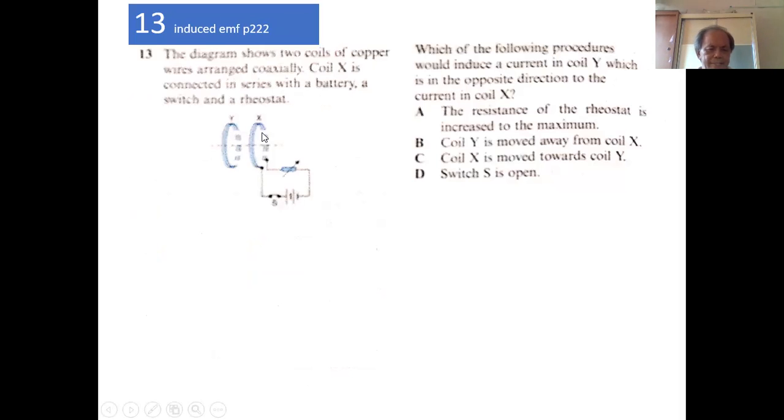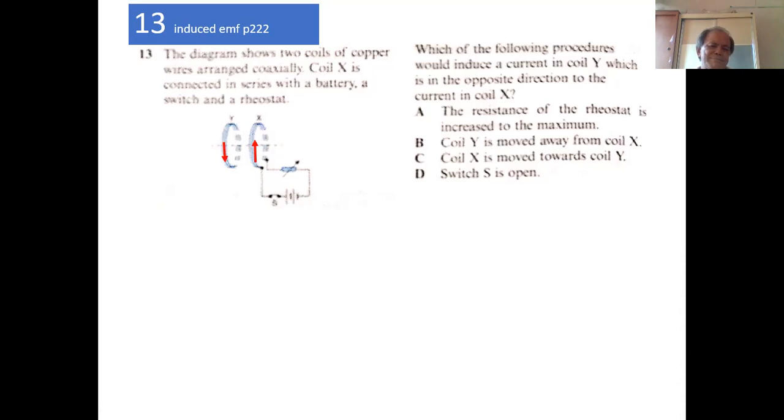Coil X is connected in series with a battery, a switch, and a rheostat. Which of the following procedures will produce a current in coil Y which is in the opposite direction to the current in coil X? So that's what you want.